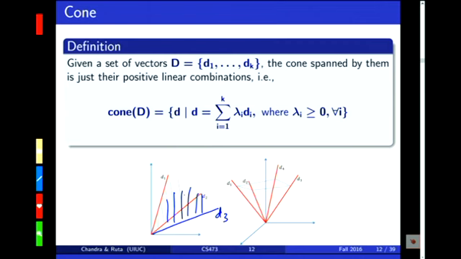But is that true for 3 dimensions? Can you define a cone uniquely by 3 vectors? Pyramid. Think of pyramids. So there is this top vertex in the pyramid.